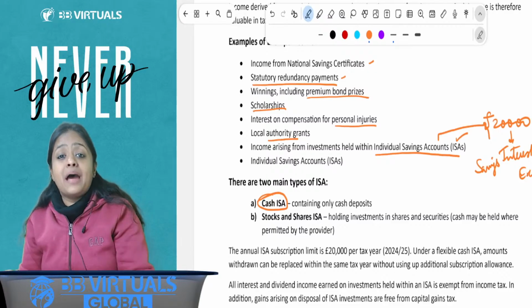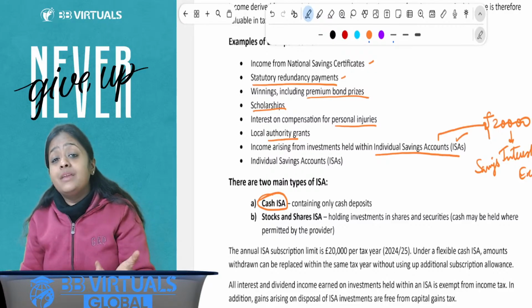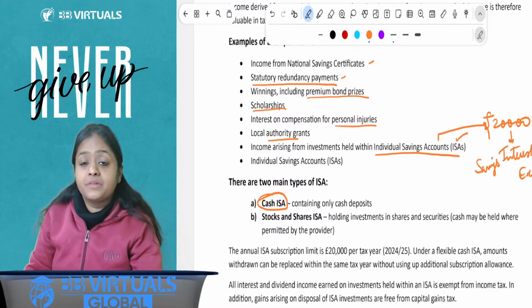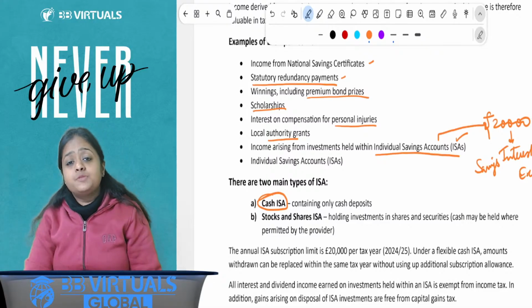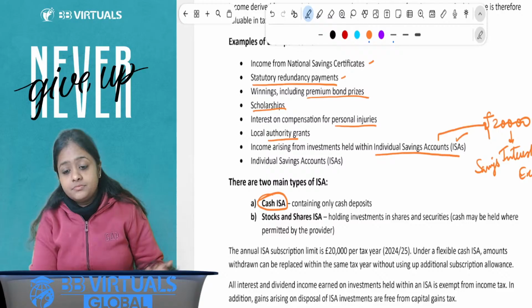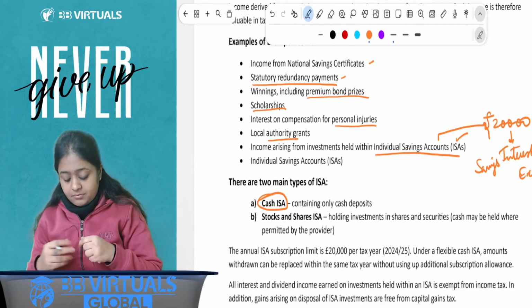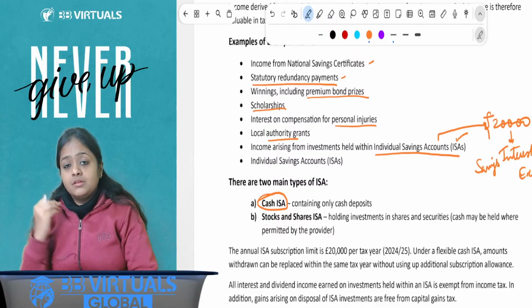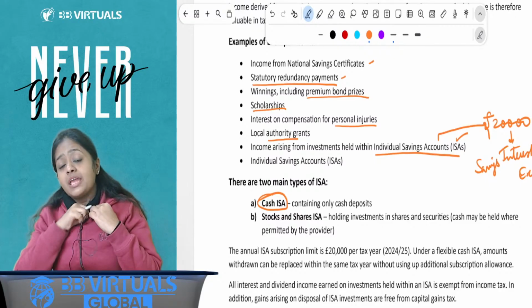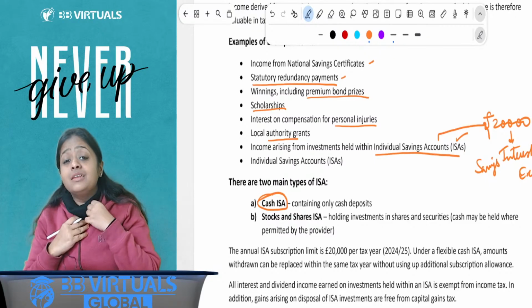Second is like a demat account, where I am not investing money like in a savings bank account, but I am investing money like in a demat account.